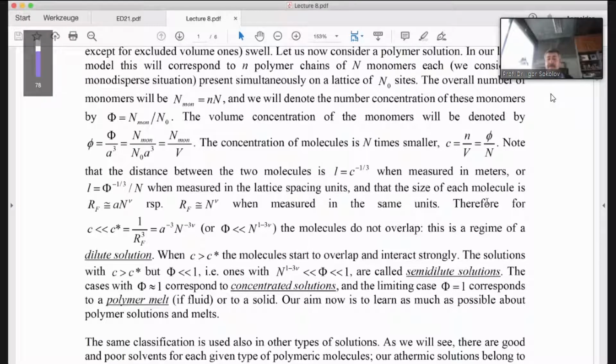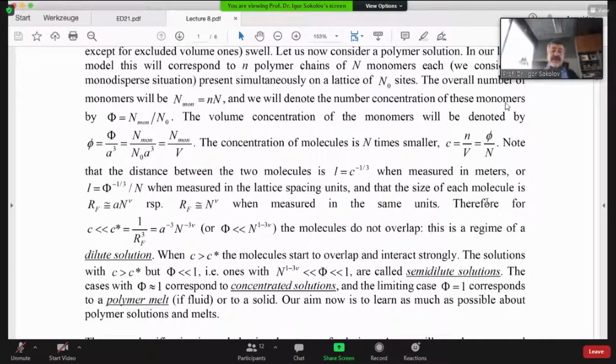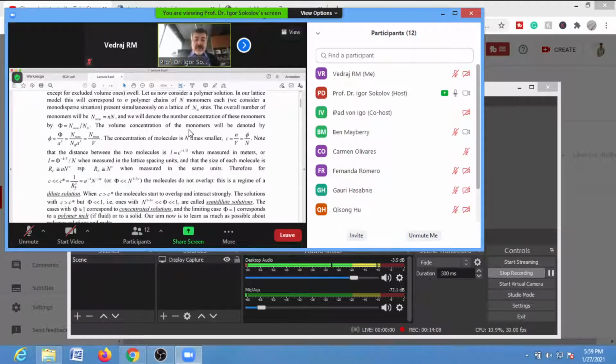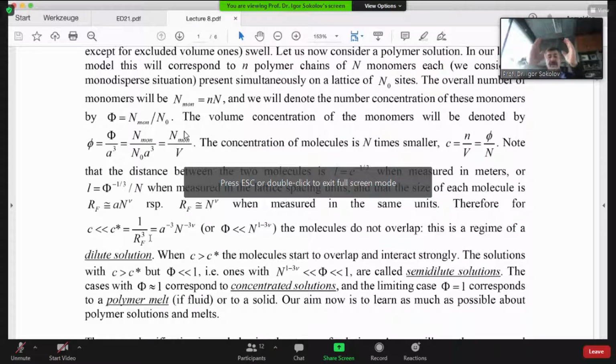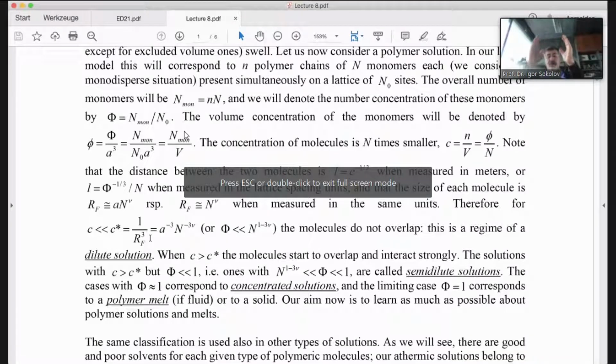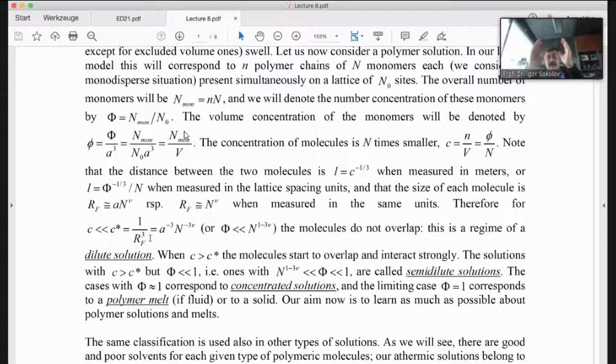Then I see that the concentration of molecules, which means of the polymers, at which the intersection starts, is of the order of 1 divided by the cube of the Flory radius. It is as if you had a packing of hard spheres, of balls of the size R Flory. And it depends on the size of the polymer as N to the power of -3 nu.